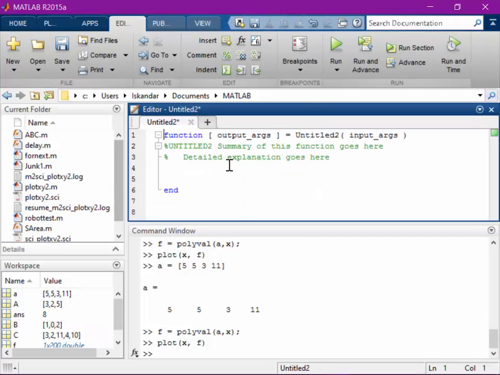I'm going to call this simply F1. We're going to receive X, and we're going to output F1. I think that's right. Give me a second here.